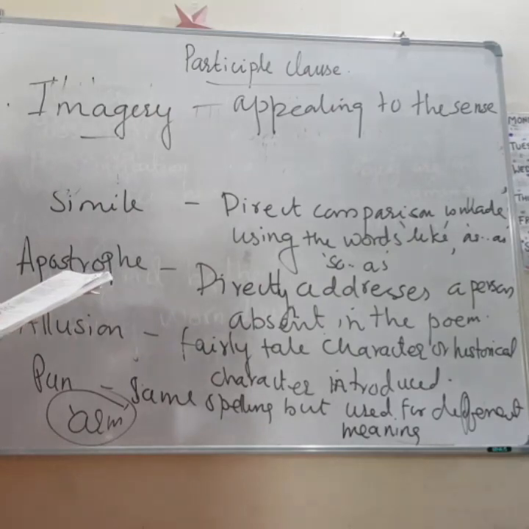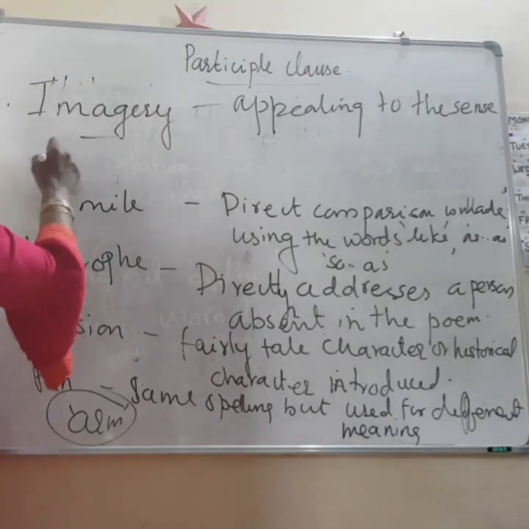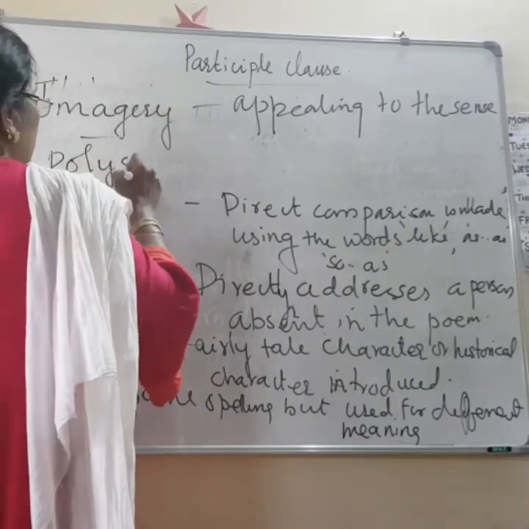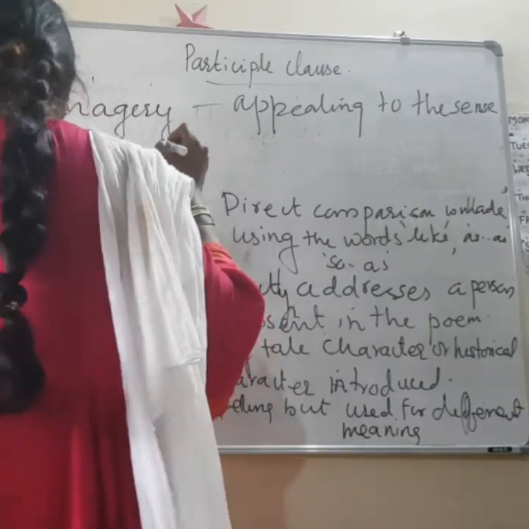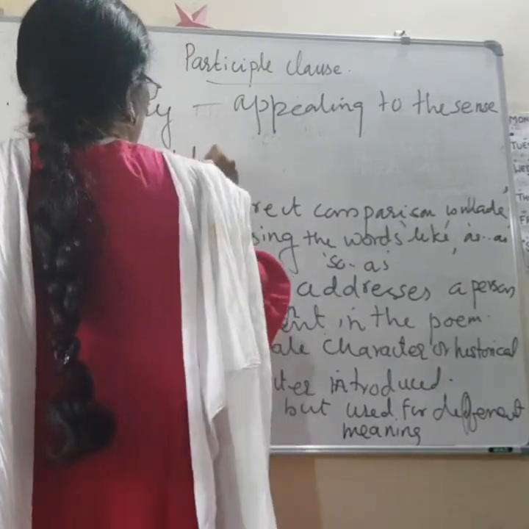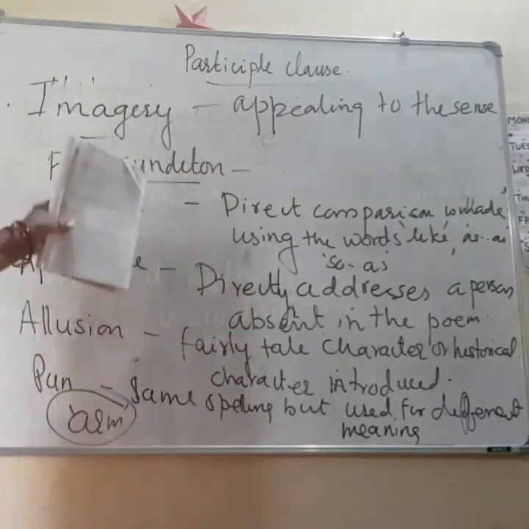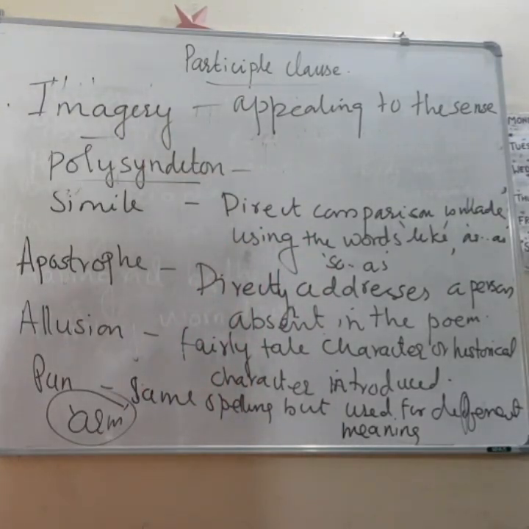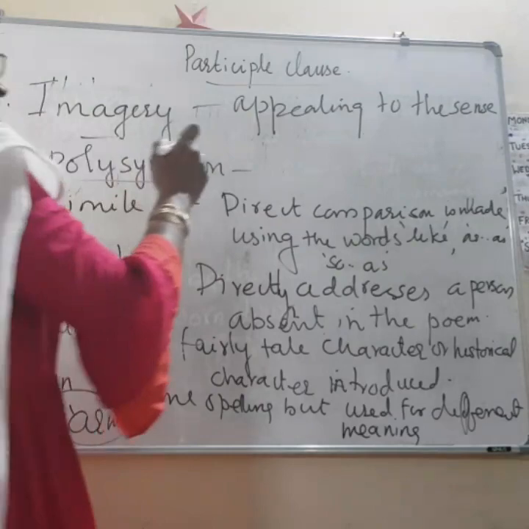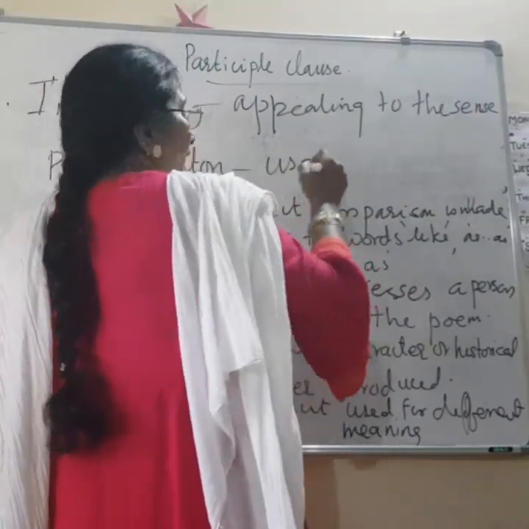Another one is polysyndeton. This is another poetic device. Polysyndeton, P-O-L-Y-S-Y-N-D-E-T-O-N. That is a string of conjunctions used in a sentence itself, a lot, more than two times.